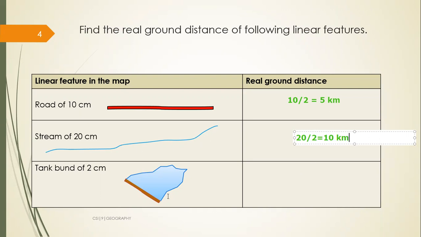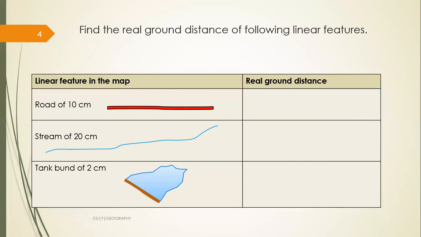Then a tank bund of 2 centimeters. The tank bund is this brown colored one. It's a linear feature, 2 centimeters only. Then 2 centimeters always shows 1 kilometer, you know that. A road mostly goes over this bund. Then the tank bund is 1 kilometer in distance.